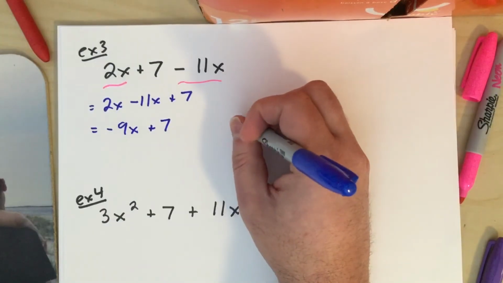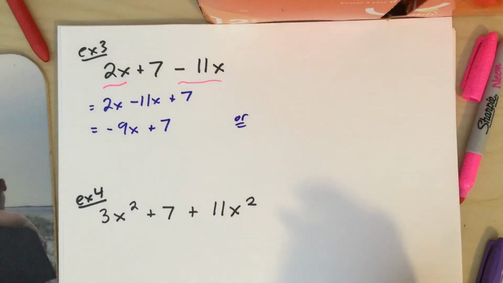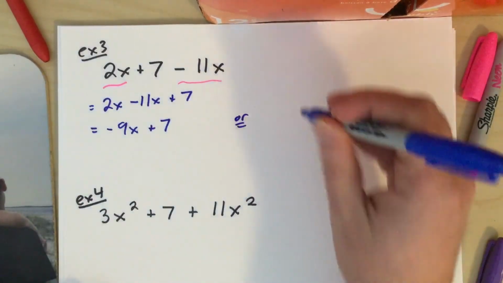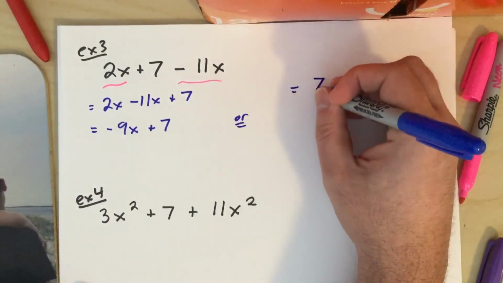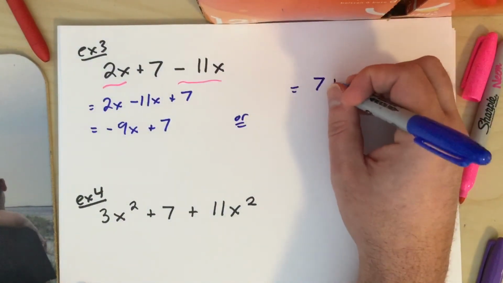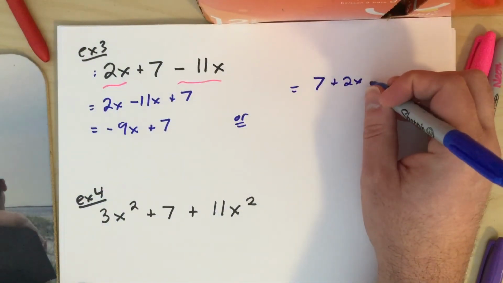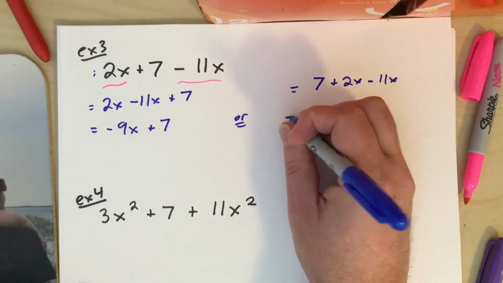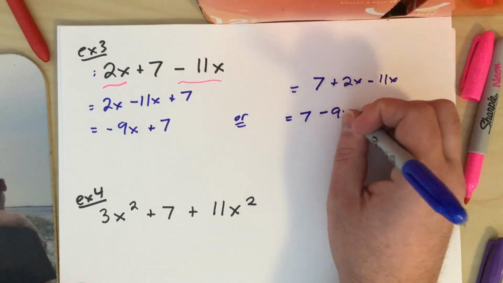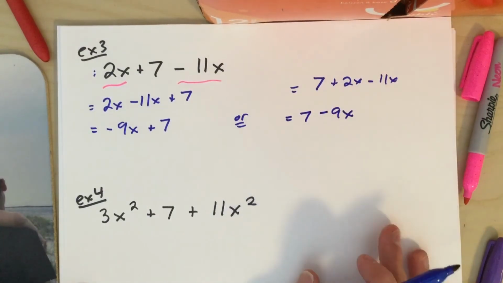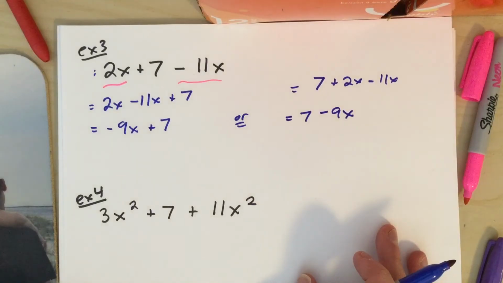I would like to point out that there is nothing wrong with changing the order. So you could have, for example, put the 7 in front, brought the 2x along with its plus that's over here, and then like that, and you could have had 7 minus 9x. And that would have also been a very acceptable answer.